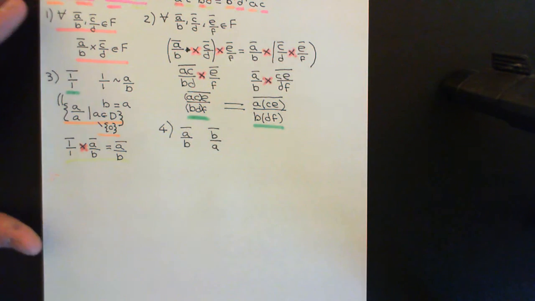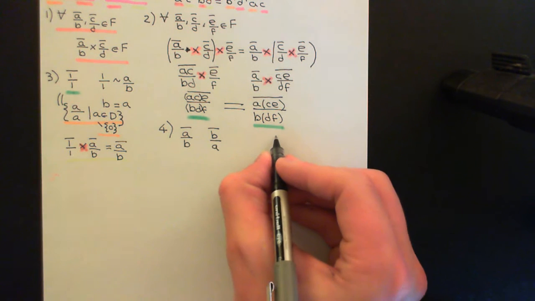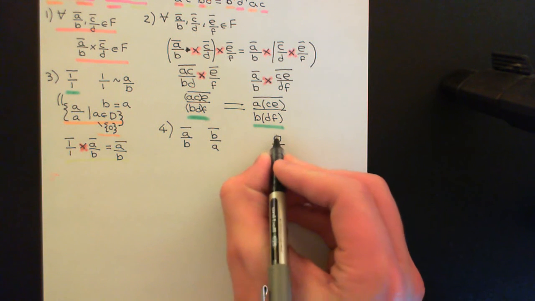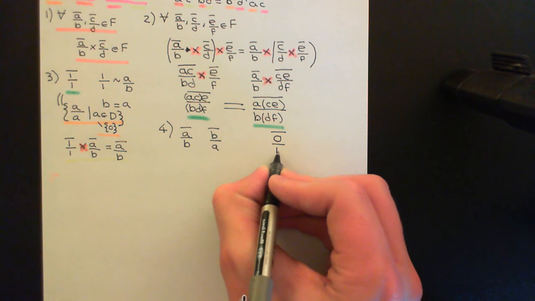Oh, and I should stress, we need to be able to do this for all elements apart from the equivalence class which is the additive identity. Now let me just remind you what the equivalence class which is the additive identity is equal to. That's the equivalence class containing this fraction 0 over 1, and indeed it contains all things of the form 0 over something.